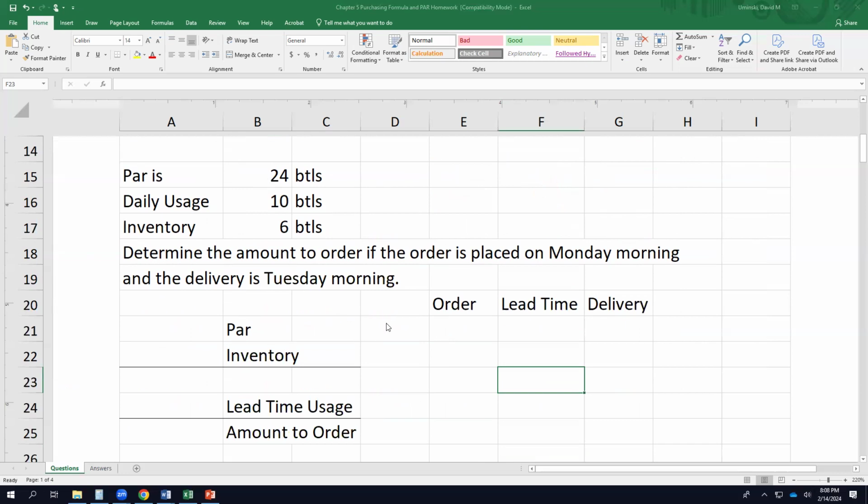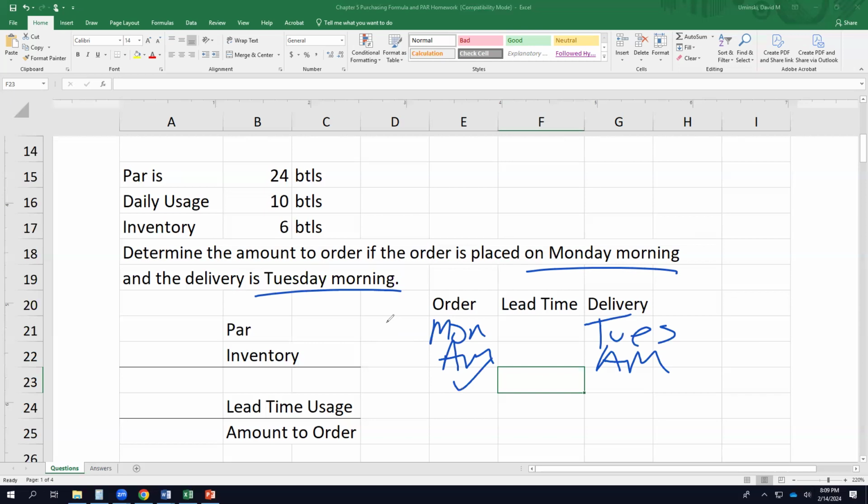To determine the amount to order, if the order is placed on Monday morning and the delivery is Tuesday morning. So my order is Monday, my delivery is Tuesday, AM. If my order is placed on Monday morning, am I going to have daily usage on Monday?